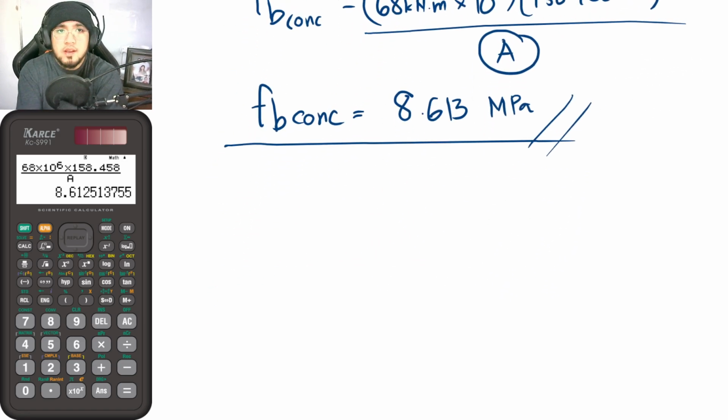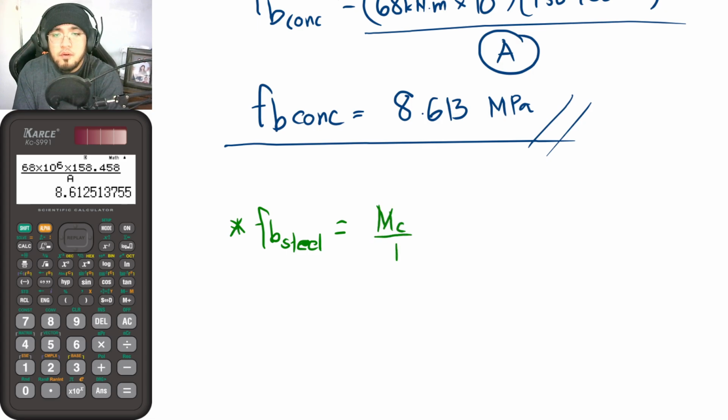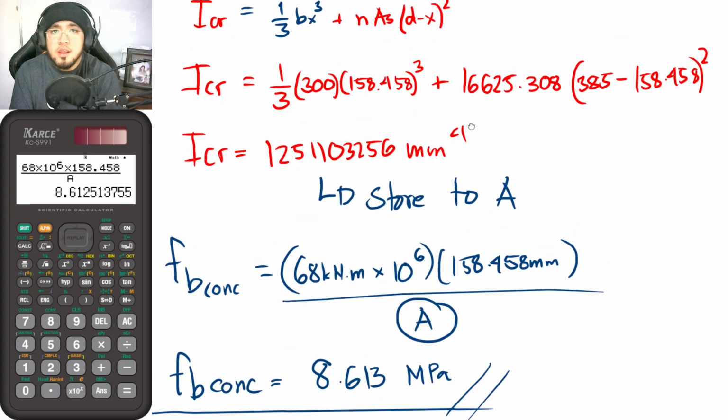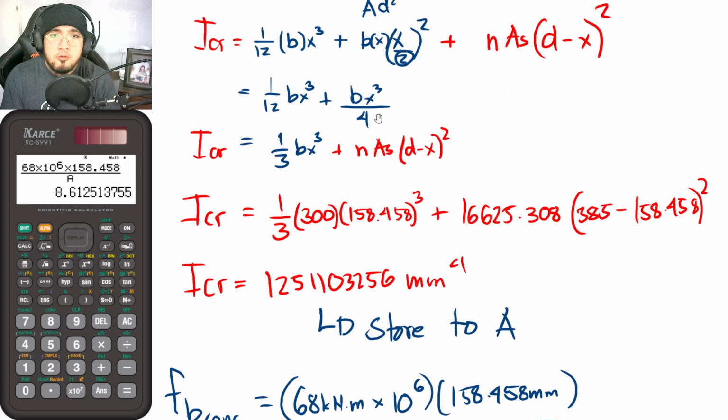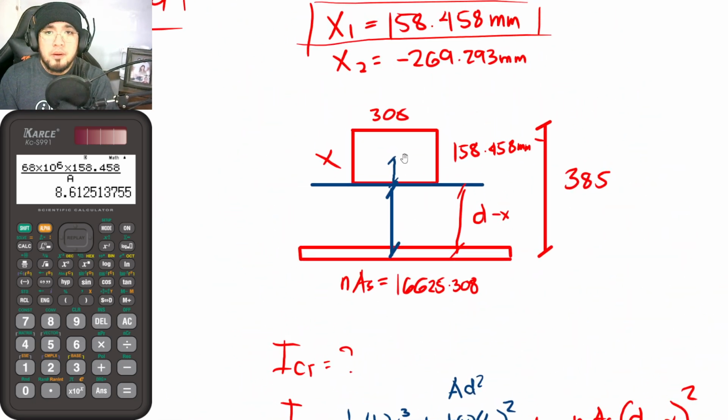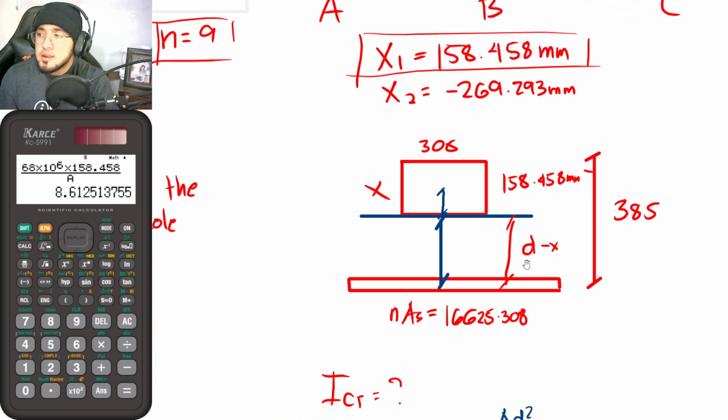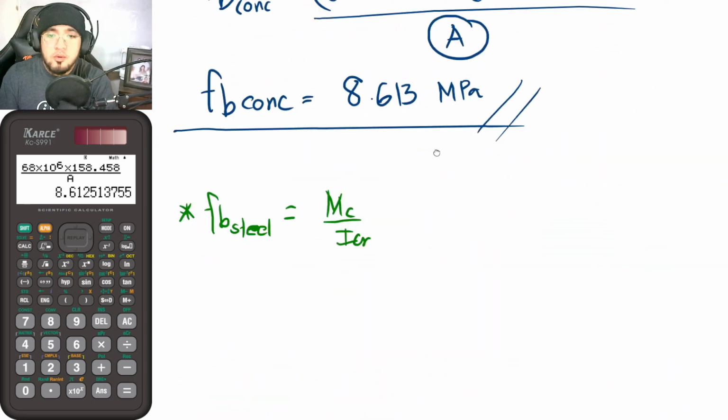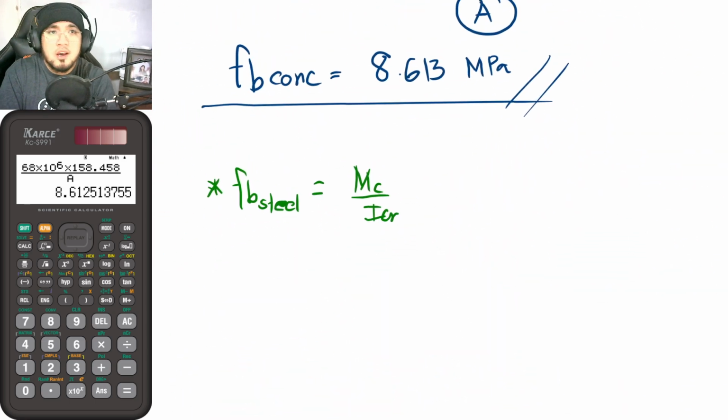For the bending stress of steel, we have a catch here. For fb steel, if you can remember, for our Mc over Icr, we have converted our steel member into its equivalent concrete area. So what we would be doing here is that for its stress, we would also be multiplying it by the value of n.